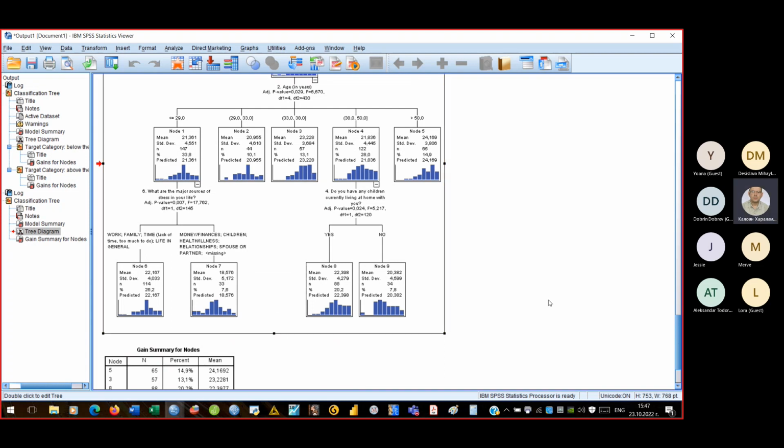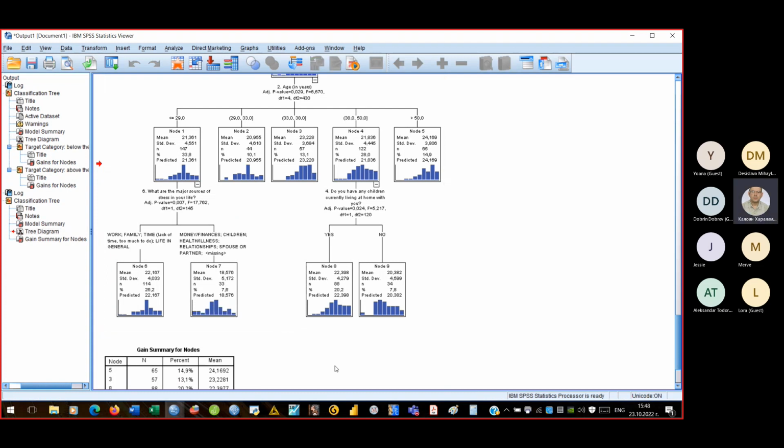So, if one particular person is younger than 29 years of age, and in his or her life, money, finances, children, health, illness, relationships, spouse, partners are major sources of stress, then this person will be less optimistic.